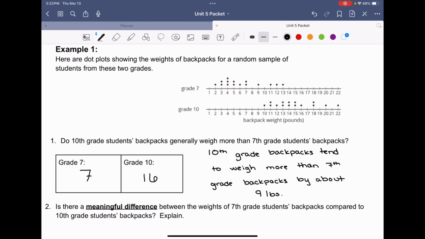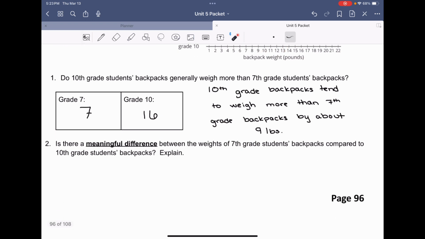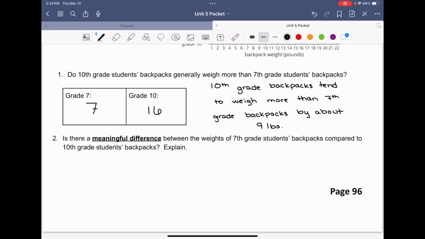If we look at grade 7 and grade 10, they only really overlap about right here. Most of the data is pretty spread out from one another. So they do not overlap a ton, which means that there is a meaningful difference. So we're going to say yes, because there is little overlap.